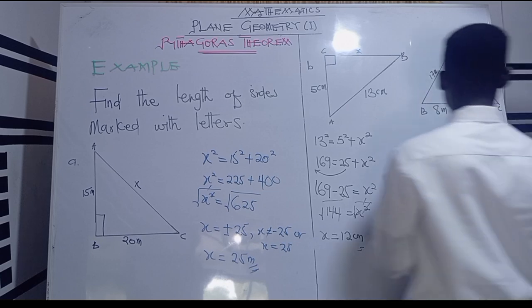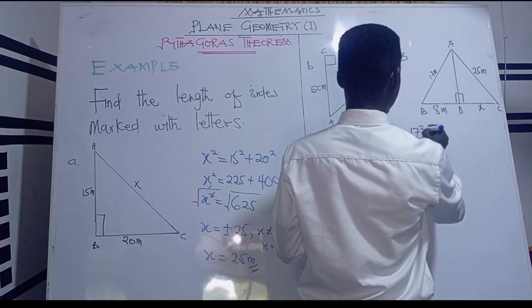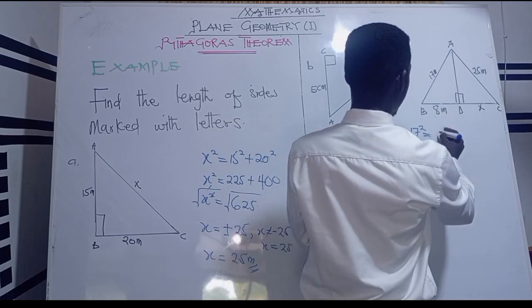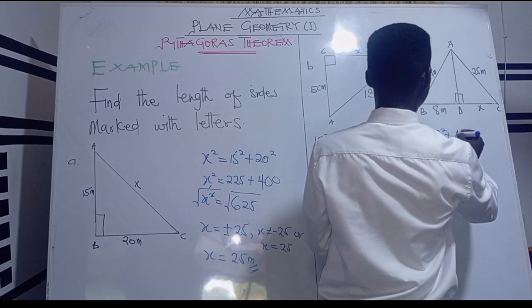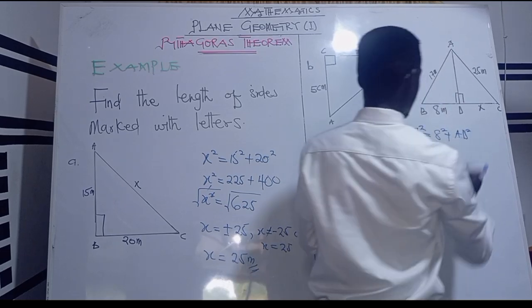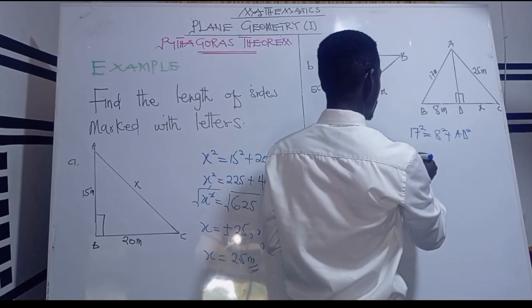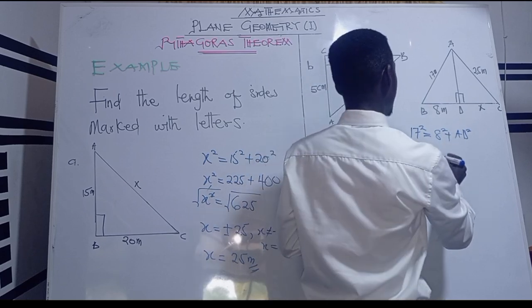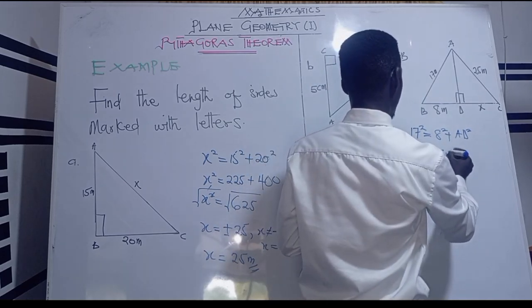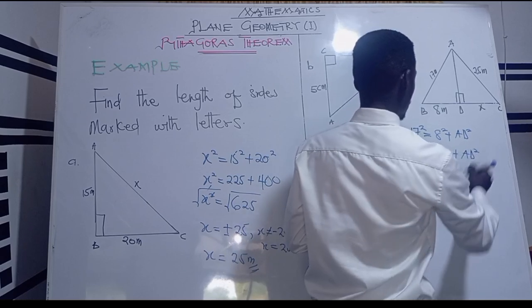So we are going to get 17 squared is equal to 8 squared plus AD squared. Now 17 squared will give us 289, and then 8 squared will give us 64, and then we have plus AD squared.